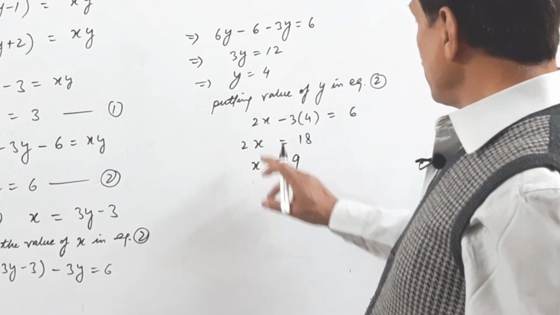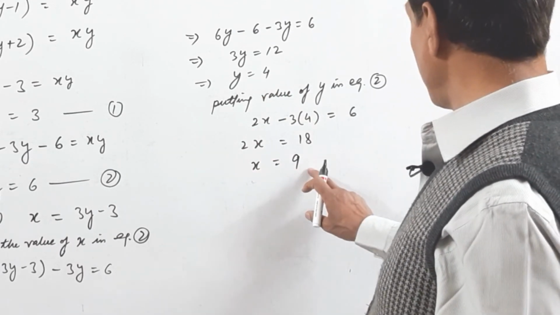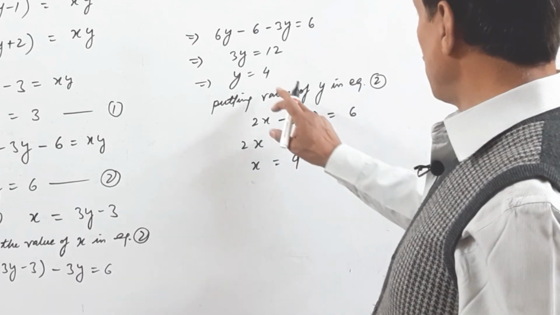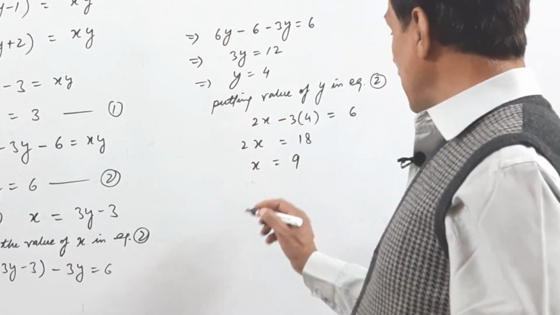So we get x, that is number of students in each row, be 9, and number of rows y is equal to 4.